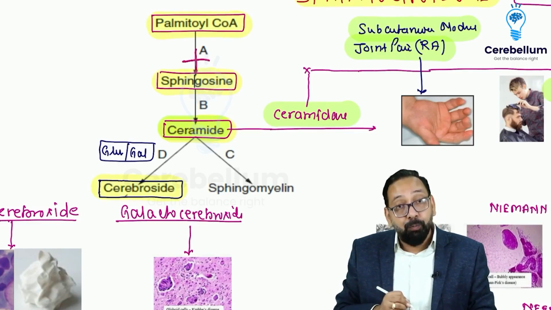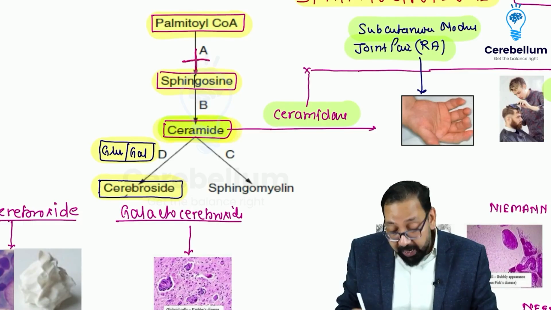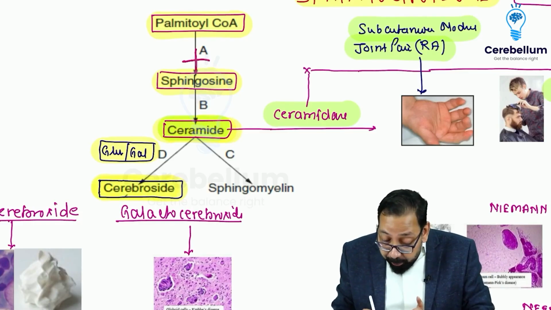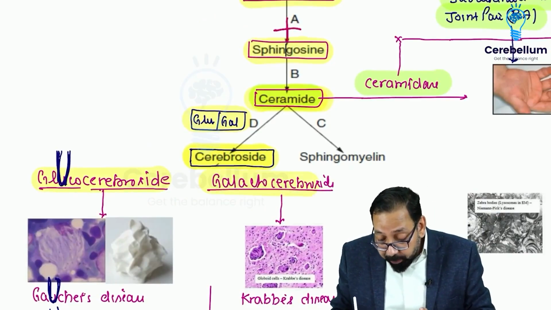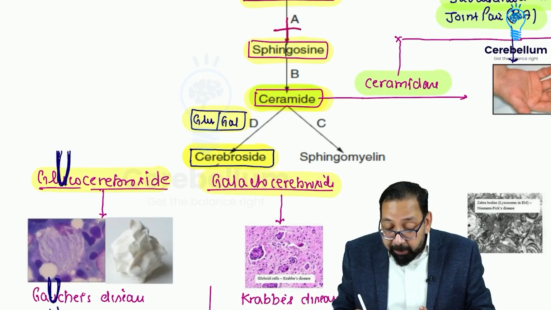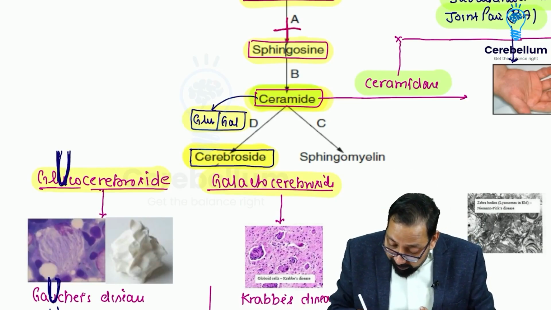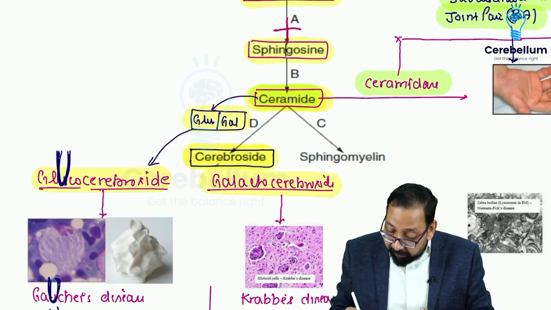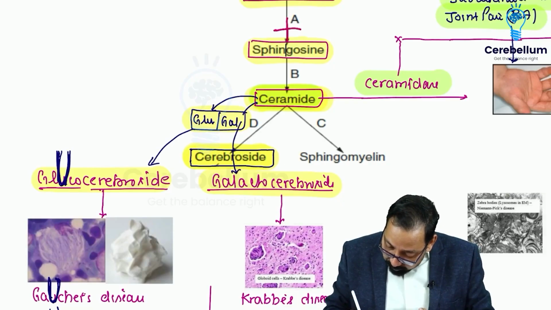Cerebroside is made up of a monosaccharide, glucose or galactose, plus ceramide. So this cerebroside may be glucocerebroside or galactocerebroside. If ceramide binds with glucose, then it is glucocerebroside. If ceramide binds with galactose, it is galactocerebroside.